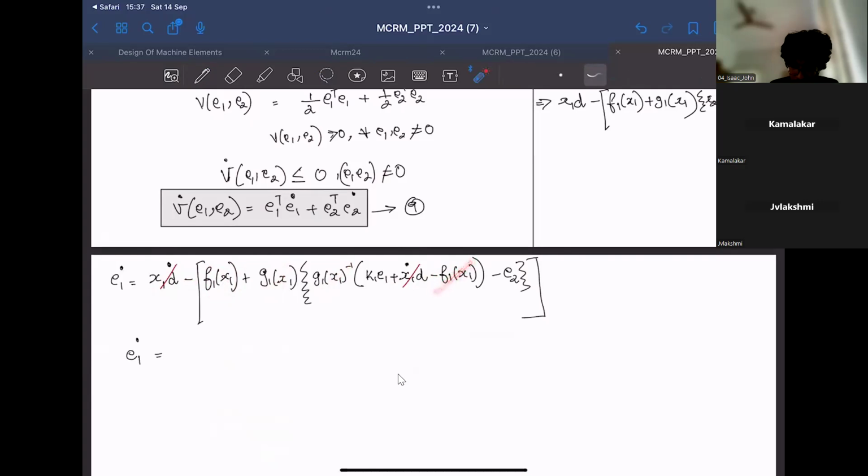So what we have remaining is minus k1 e1, then this term multiplied by g1 of x1, so minus g1 of x1 multiplied by e2.